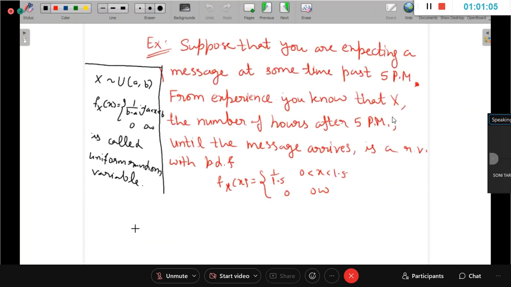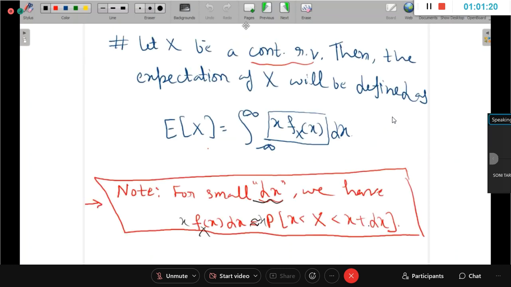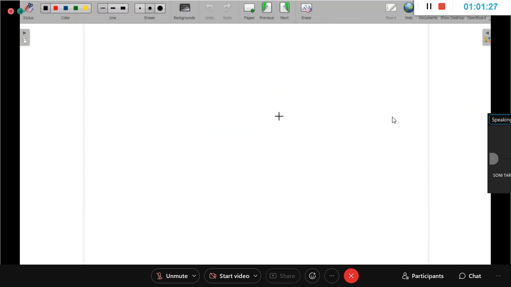Now let's do one example here, which is an example of a uniform random variable. So I'm going to define that also. Let me define it.